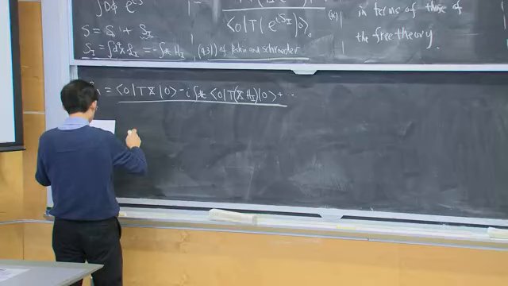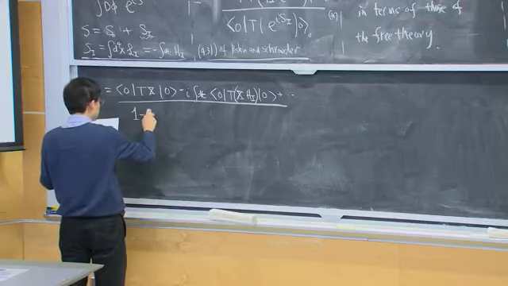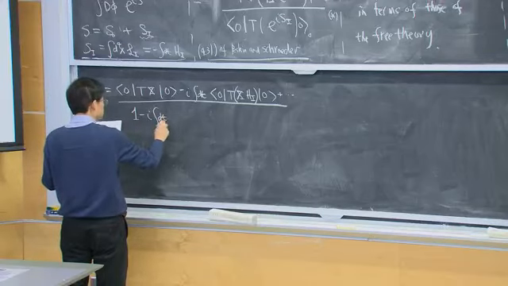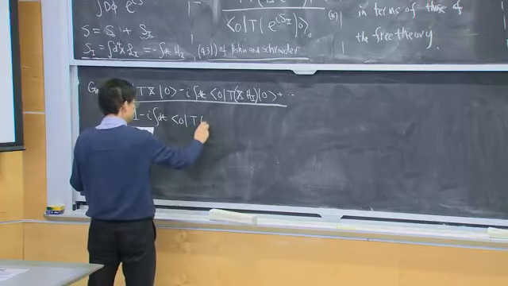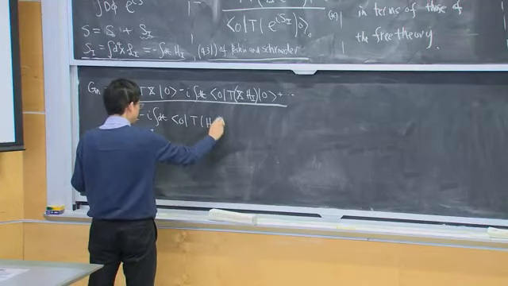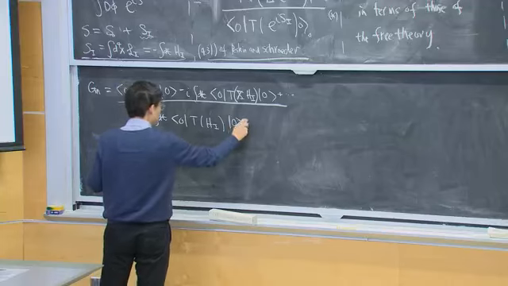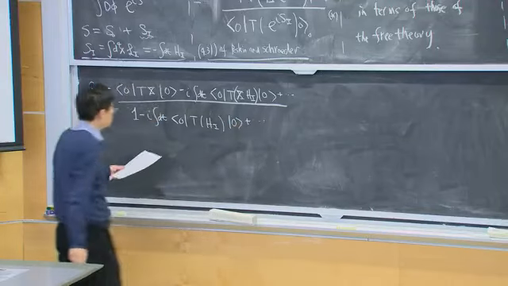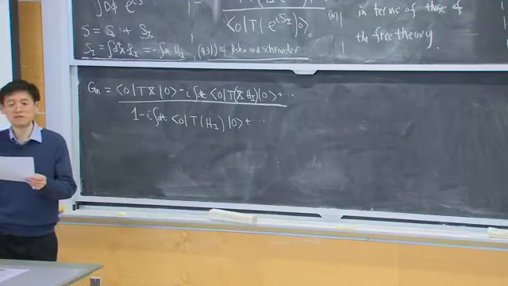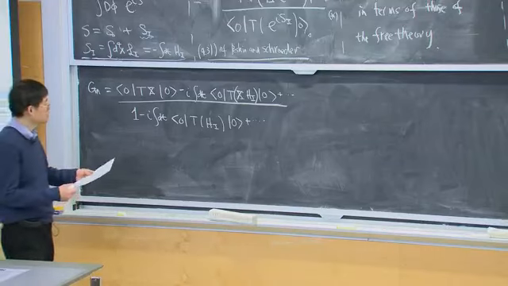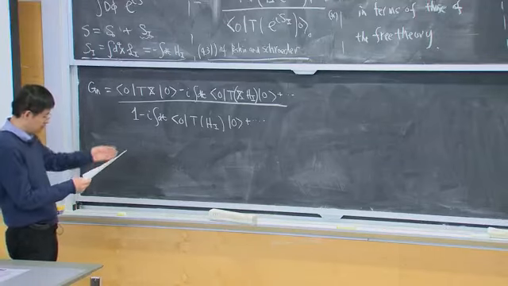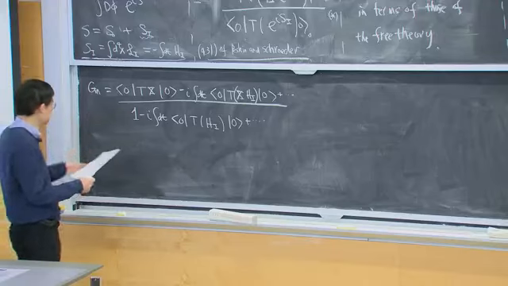Essentially you have 1 minus i dt, then you time order the interacting part of the Hamiltonian, and then plus higher order. So you just do the Taylor series expansion.